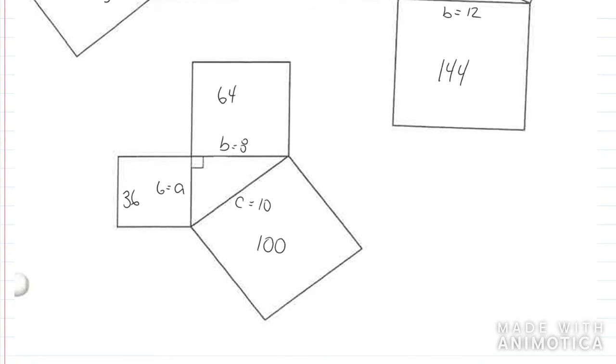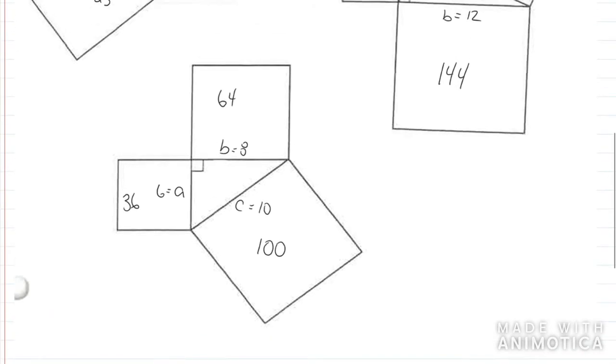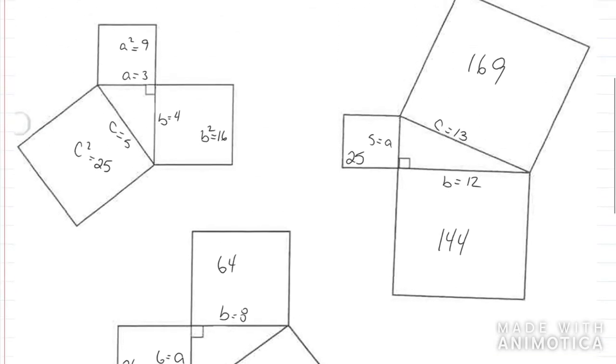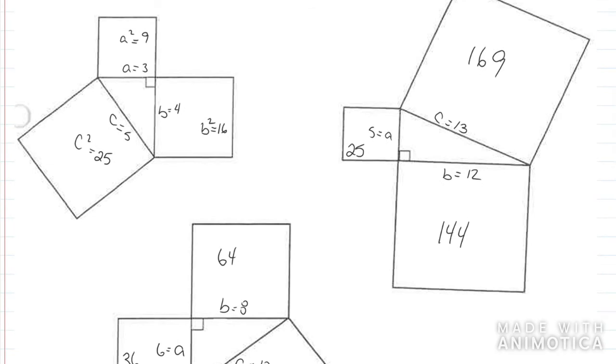What we can do, if you look at these, is see that these side lengths are related to each other. If we look at the areas of our squares, what is 9 plus 16? Oh, it's 25. Well, maybe that's a coincidence.